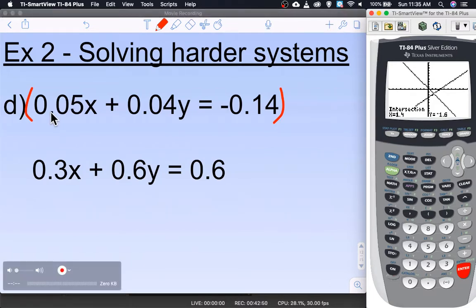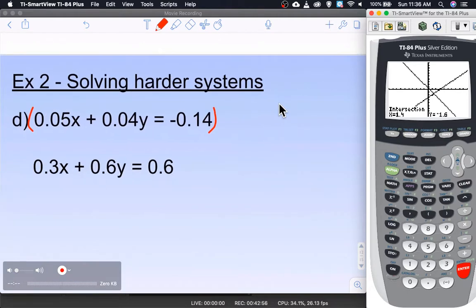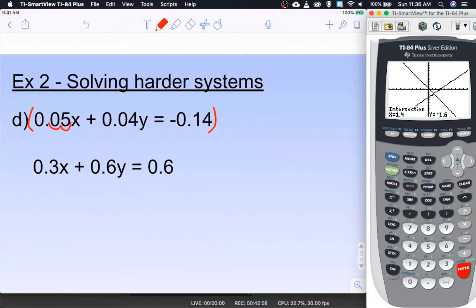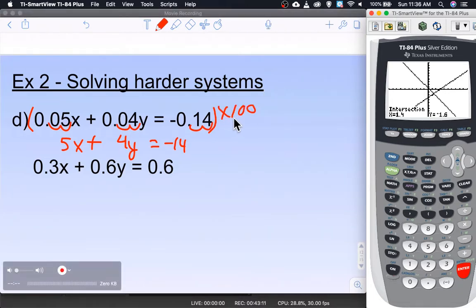I would like each of my decimals to move over 2 places. If each of these decimals moved over 2 places, boom, boom, this would be a 5x and a 4y and a -14. That's multiplying by 100. That will move my decimal over 2 places.